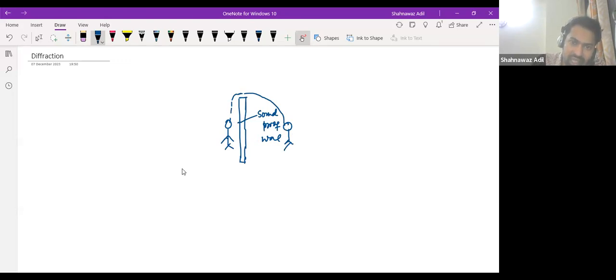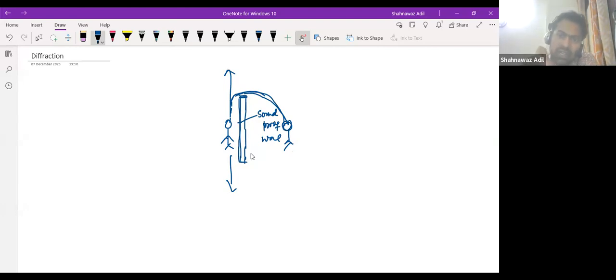So the waves are going in this direction, but these sound waves are also bending, and it is reaching here. So the bending of waves is called diffraction. This kind of situation with sound waves we see in our daily life, right?